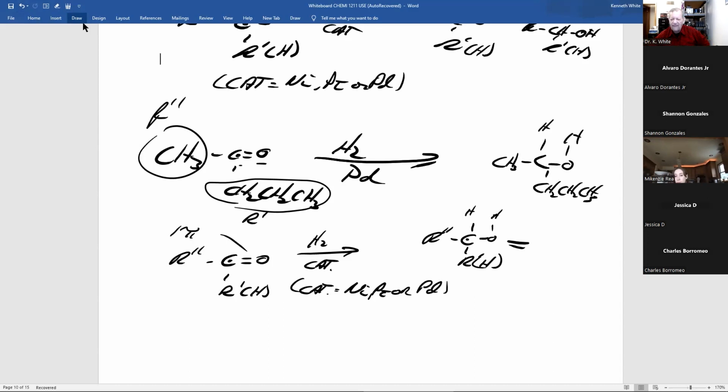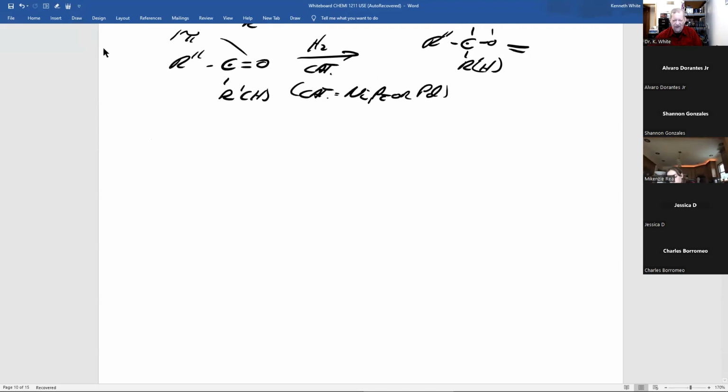And I break the pi bond, each atom gets a hydrogen. You could have written it this way also. And that's how you make an alcohol from a ketone or aldehyde.